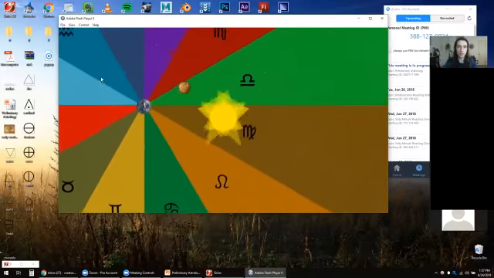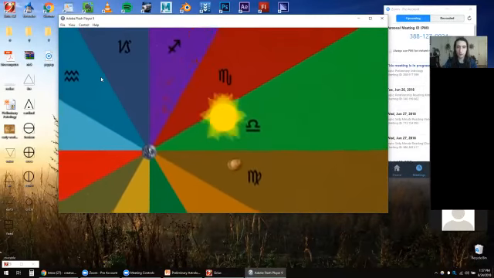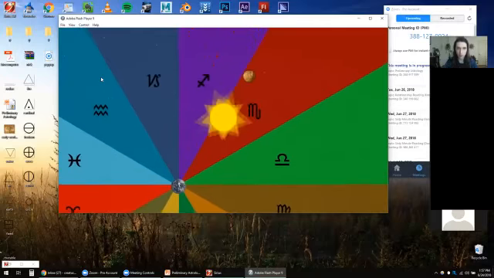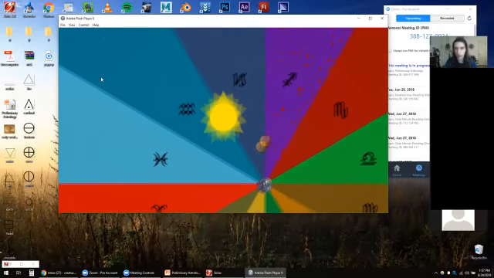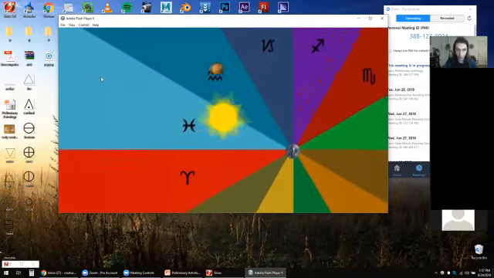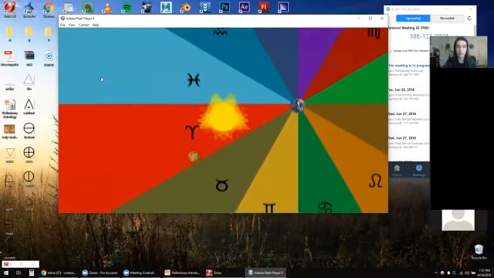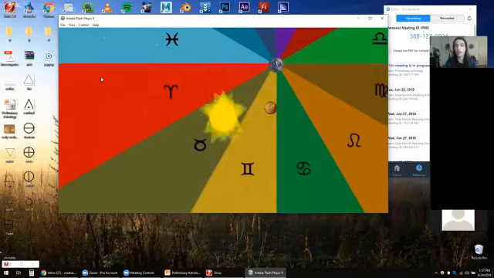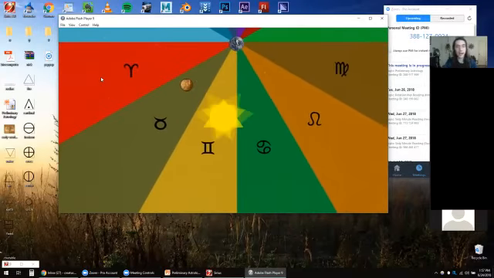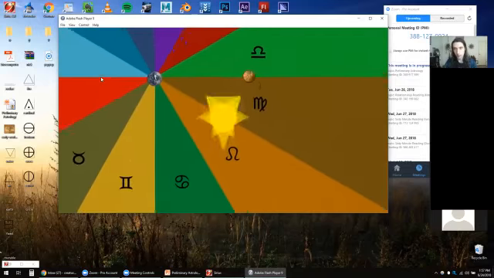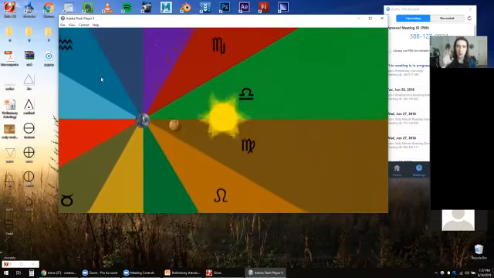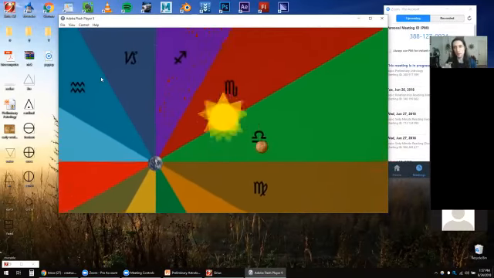In Libra, stations retrograde, back into Virgo, direct, back into Libra, Scorpio, Sag, Capricorn, Aquarius, stationing retrograde in Aquarius, back into Capricorn, Aquarius, Pisces, Aries, stationing retrograde in Gemini, back into Taurus, back into Gemini, Cancer, Leo, Virgo, okay? So this is what creates retrograde motions.